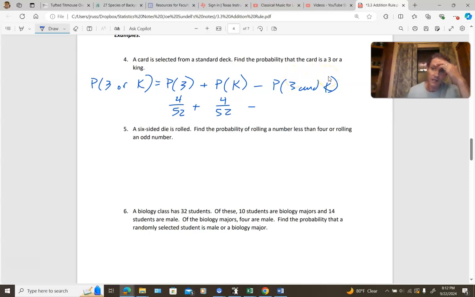So the probability of that intersection is going to be 0. And I'm going to put in here that these are mutually exclusive events. Okay, they both cannot occur. All right. So if I do this, this is going to end up giving me 8 over 52, which, what will this simplify to? 2 out of 13, I believe, or 2/13.